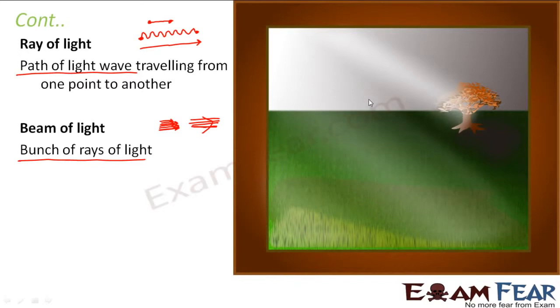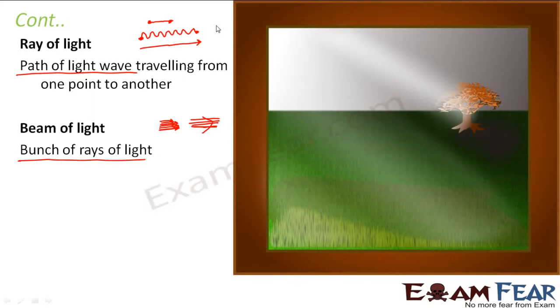So now you'll see that as we go ahead with the lesson, most of the time I'll be saying that a ray of light is incident on a surface, or a ray of light is falling on this boundary. So when I say a ray of light, I'll often draw a straight line. That doesn't mean that the light wave has now become straight, because you have seen in the lesson on electromagnetic waves that wave means the wavy thing, which I have shown here. So this is how the light wave is actually traveling.